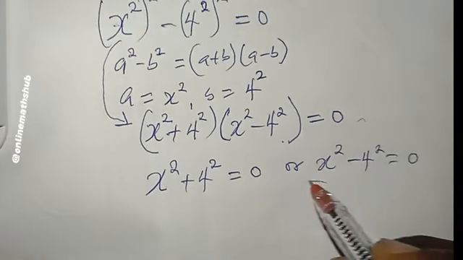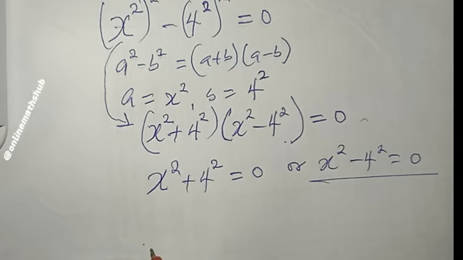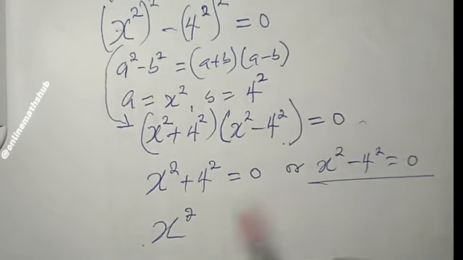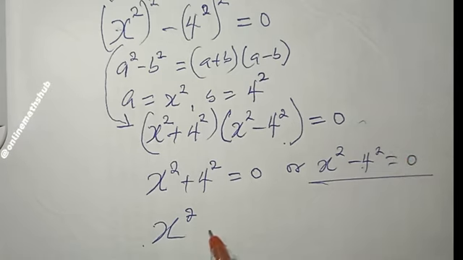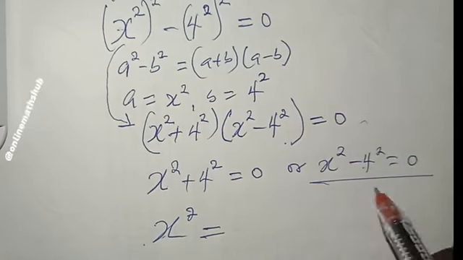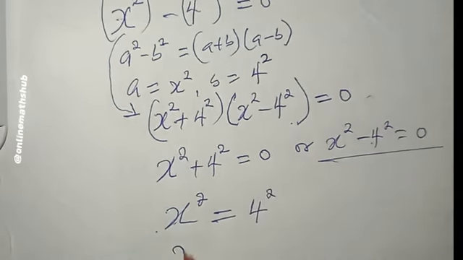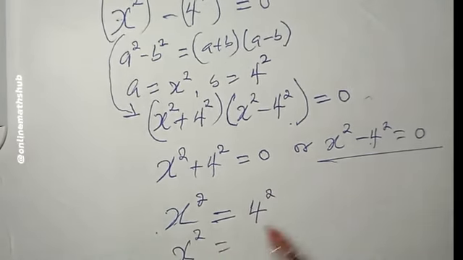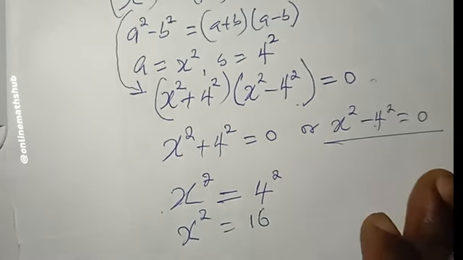If I decide to pick this and solve first, let's deal with that case first. This is x squared minus 4 power 2. I can take this to the right hand side, so that I will have x squared is equal to 4 squared. I can write this as 16, because 4 squared is actually 16.